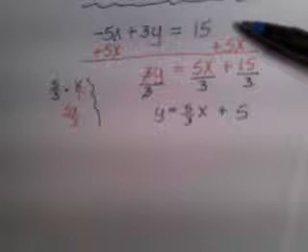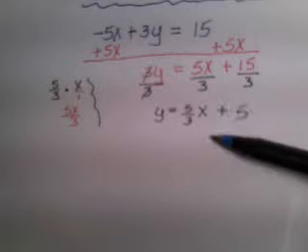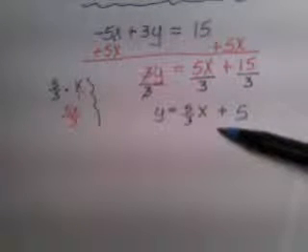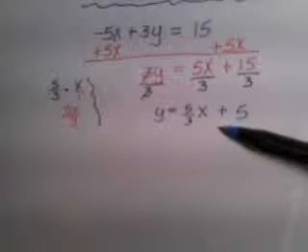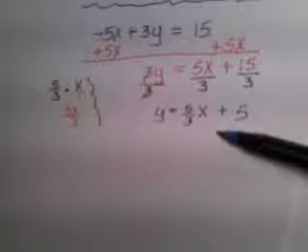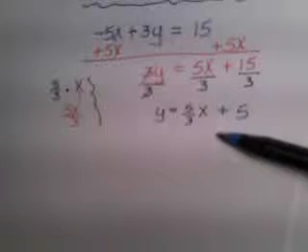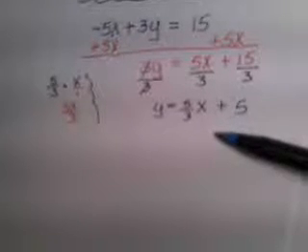In the last video, we took this little equation, isolated the y variable, and turned it into this little equation, just so we could get it in slope-intercept form. That's a nice thing to do in advance.